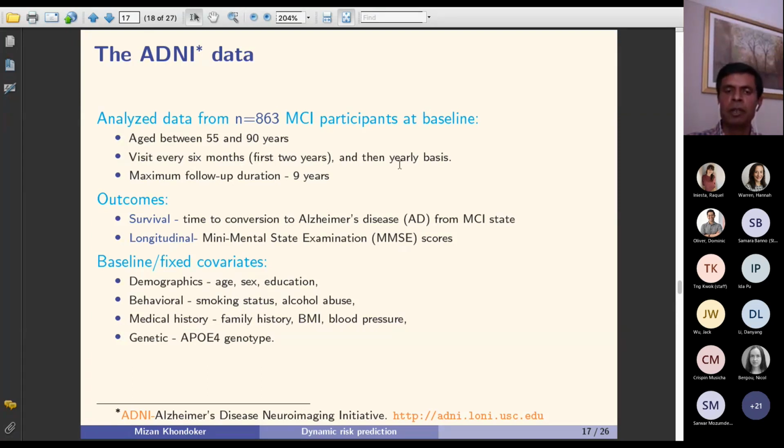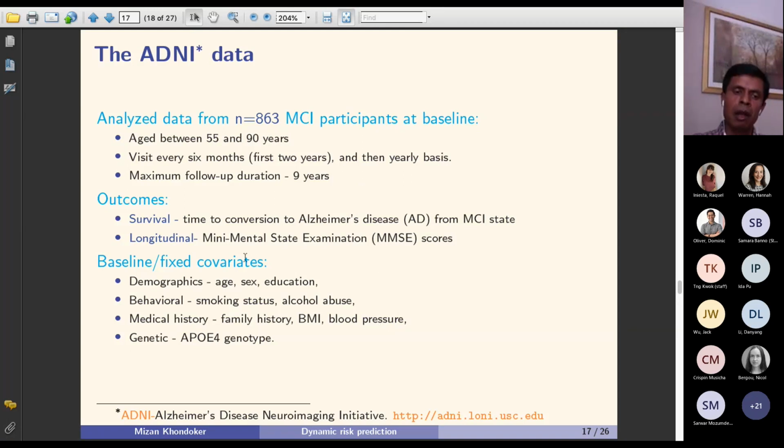I considered data for up to 12 follow-up visits, and the maximum follow-up duration was about 9 years. Two outcomes were considered: the survival outcome is time to conversion to Alzheimer's disease from the MCI state, and the longitudinal outcome was the mini-mental state examination score, the MMSE score, collected over the duration of 9 years.